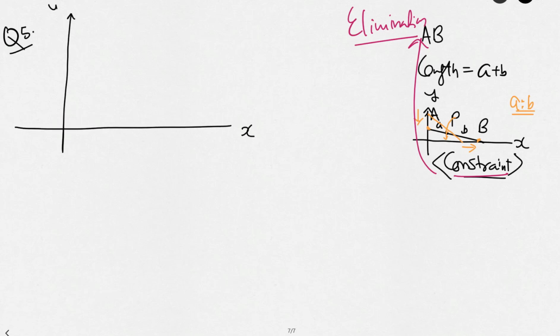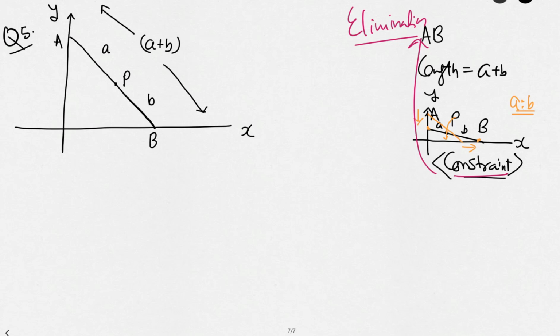X, Y, line segment AB, A and B. We know point P is, let's say, this point P. This divides in the ratio a to b. Also the length is given, a plus b.